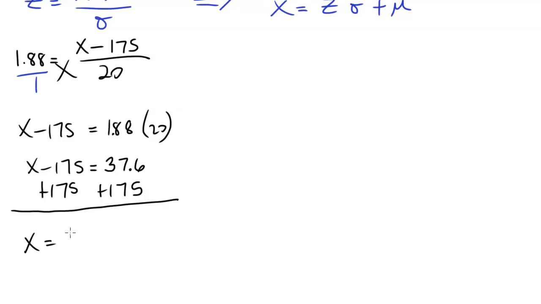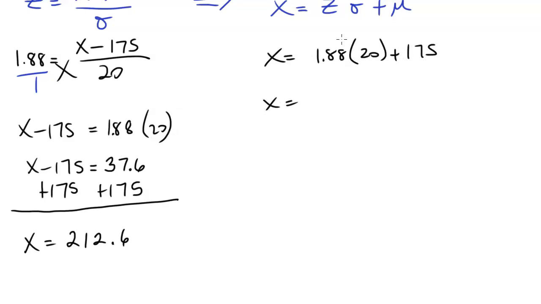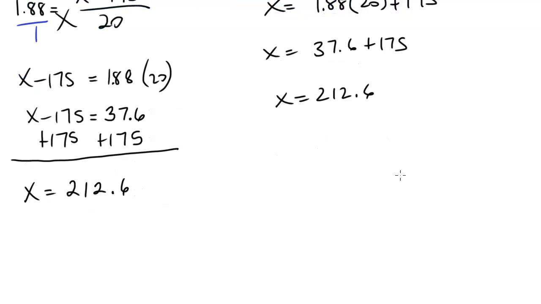So that's 212.6. Even if I do it this way, x equals z 1.88 times sigma plus mu, which is exactly what I have there, right? 1.88 times 20, that's 37.6 plus 175, that's 212.6, right? I hope that's right. Is that right? I think so. Should be.